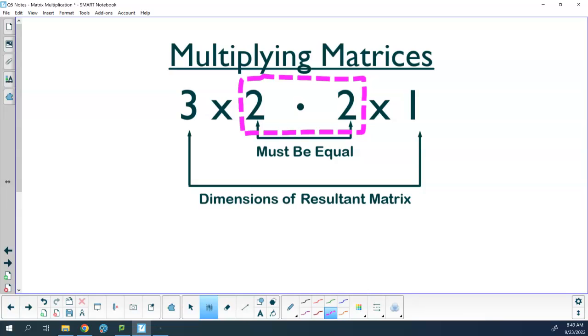Has to. If those two are not equal, you cannot multiply your matrices, and you're done. The problem is over because it is not possible. Not every set of matrices that we give you can be multiplied.